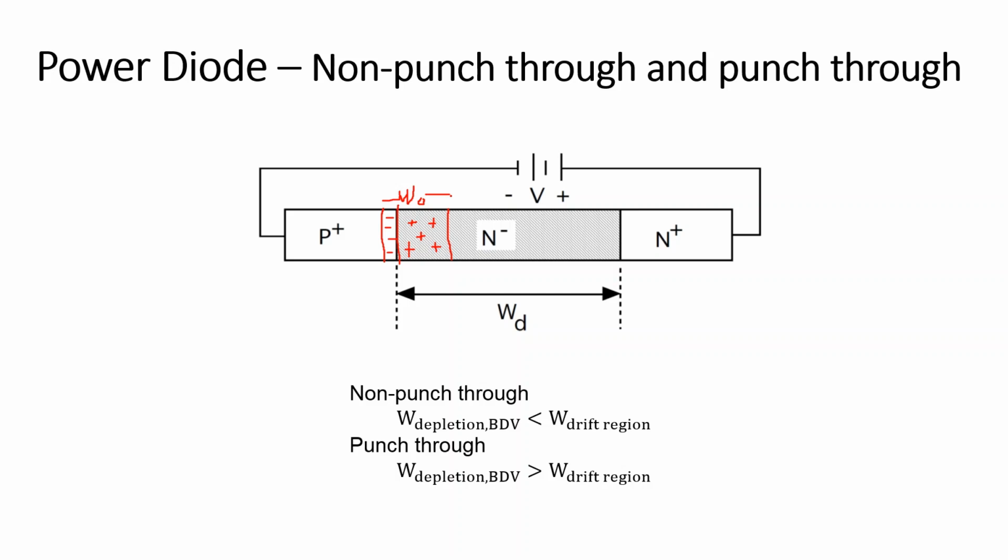So if this is W naught and we apply some reverse voltage, let's say 100 volts, then what will happen to this depletion region? So the width of this depletion region will increase. So let us say we reach here, and on the p side also the width of the depletion region increases.